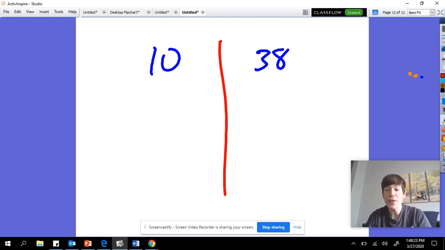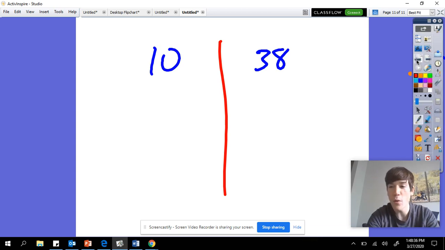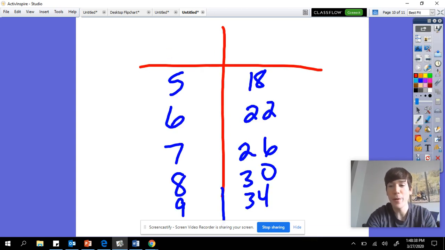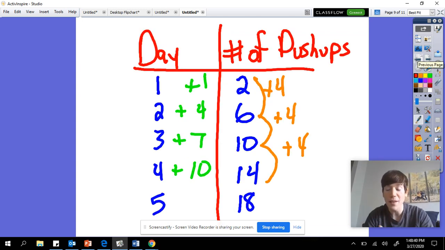Now, the question is, when we get to a number like 100, how are we going to figure that out? Because I could just keep going and adding 4 every single time, but that seems like a lot of work. A way that I can speed that up a little bit is I can look for something that is happening every single time. Well, I'm going to focus on that 4 because notice we're adding 4 over and over.